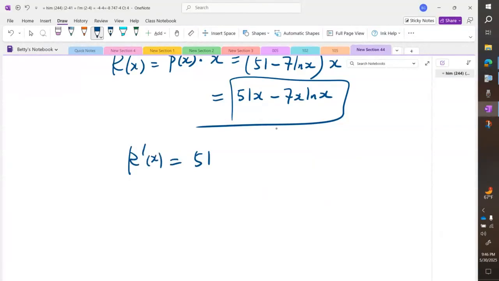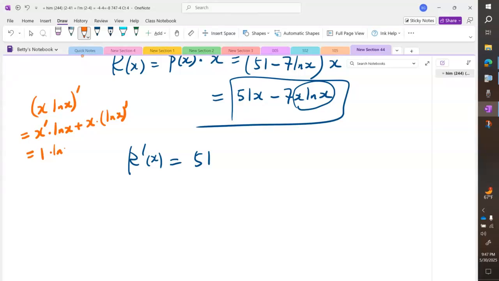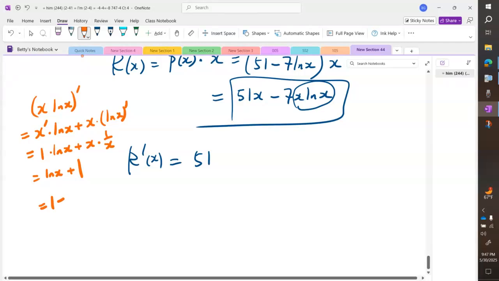The derivative of this function, X ln X: take the derivative of X times ln X unchanged, plus keep X unchanged and times the derivative of ln X. The derivative of X is 1 times ln X plus X times the derivative of ln X, which is 1 over X. So ln X plus 1, or 1 plus ln X.